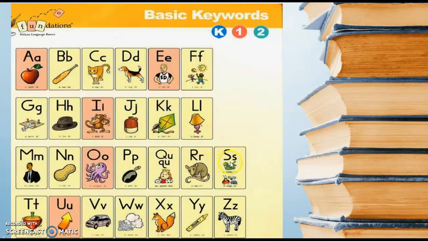S, snake, s. And then S has S, bugs, z. Right, S is one of those with two sounds. We'll go T, top, t. U, up.